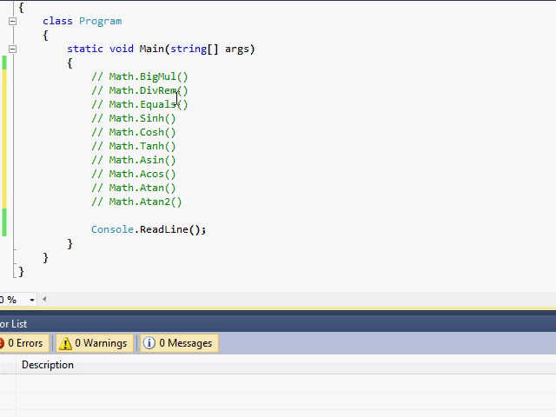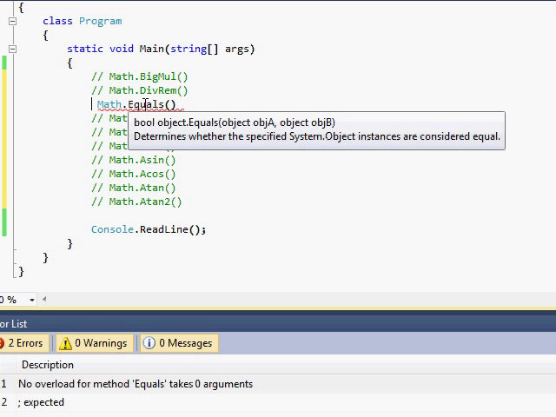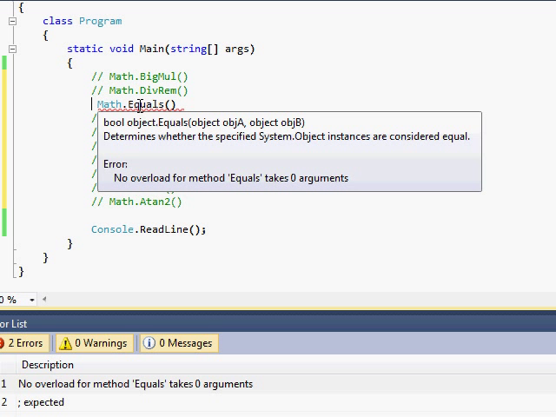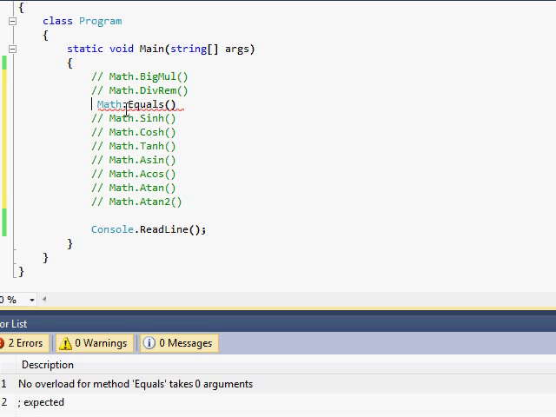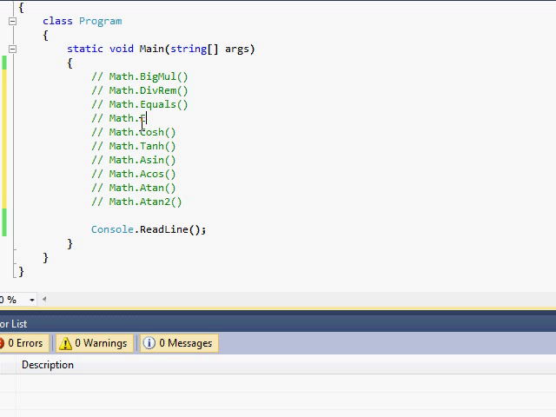Equals compares two objects to see if they're equal. More than likely it has something to do with the memory address. Determines whether the specified System.Object instances are equal. So I guess if it's just an object, then it tells you whether they're equal because you can't use the equals operator for that. This one's really weird. Remainder.